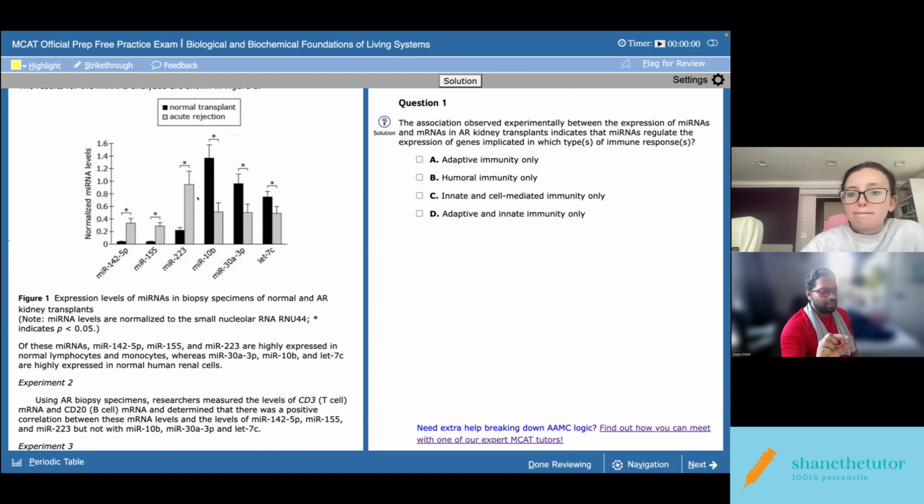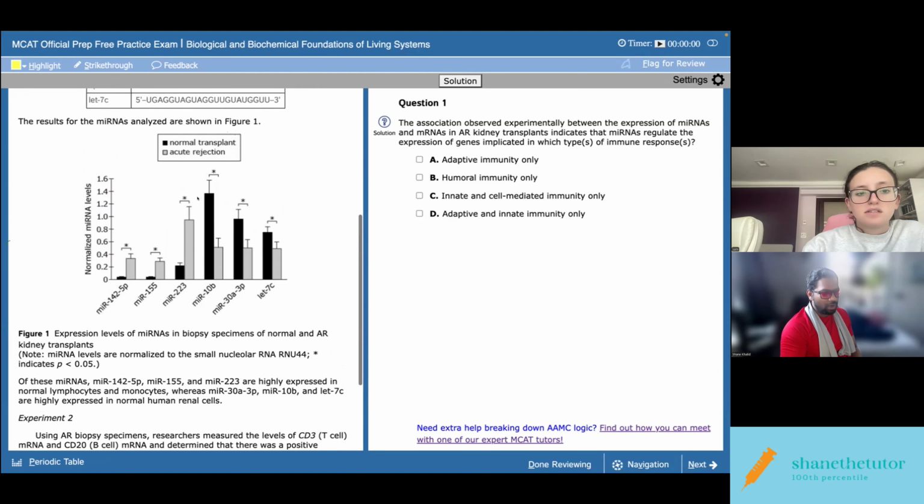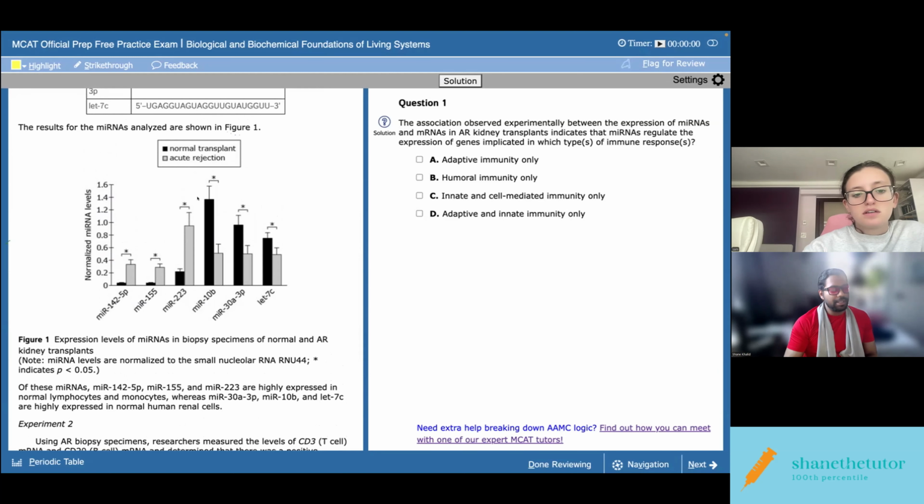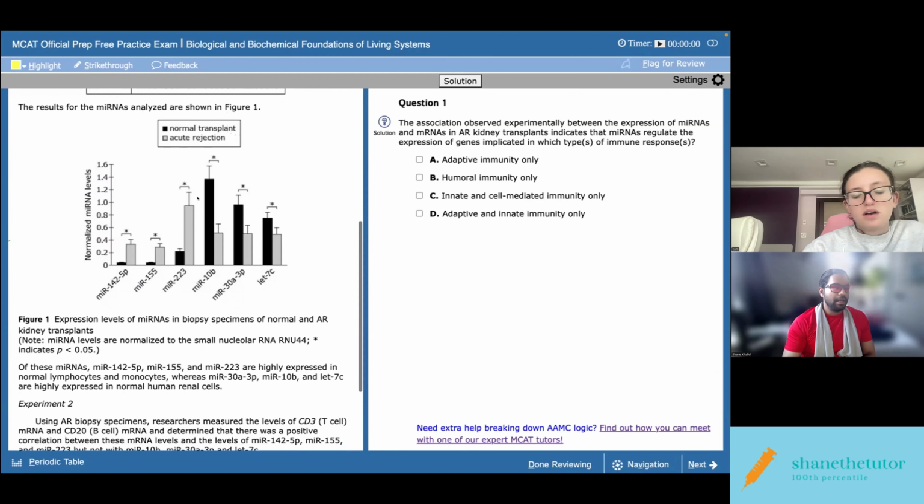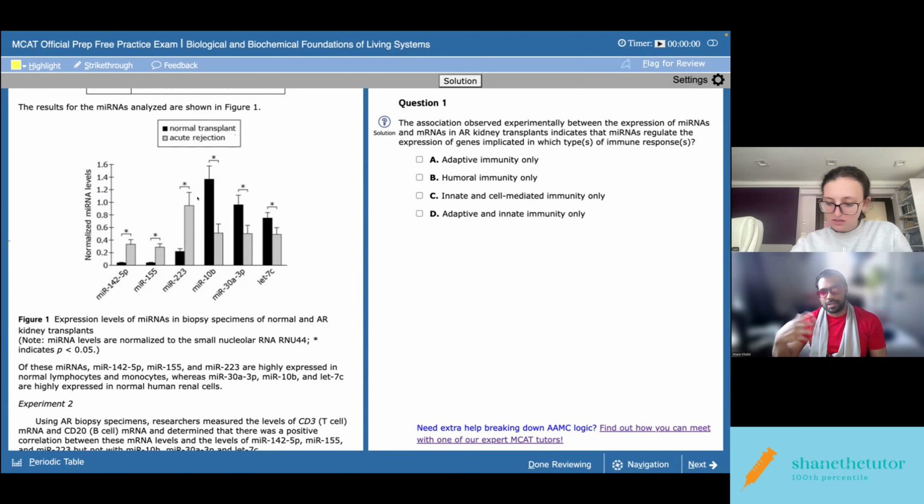Just scroll up a little bit, I want to see what they said right before. If this were on the test, 15 seconds, but since we have a bit more time here, we can look at this and see if we find any pattern.